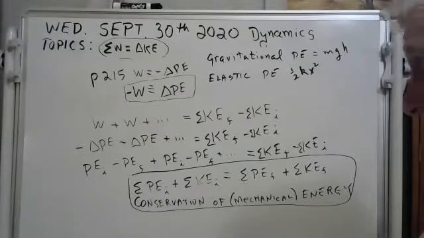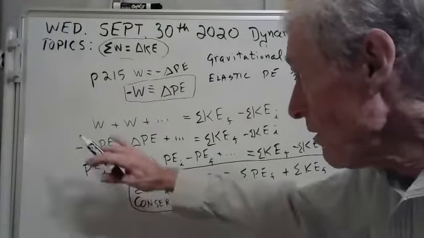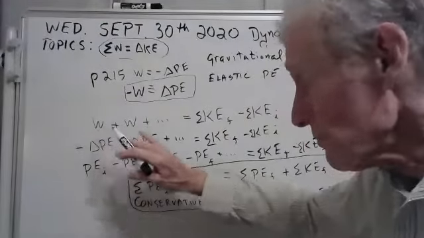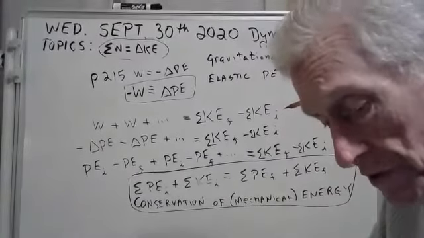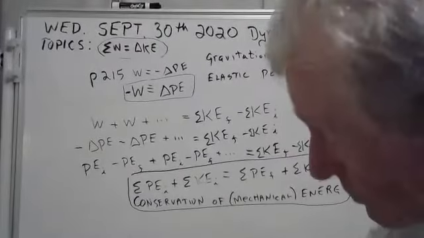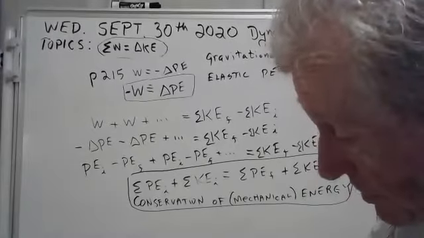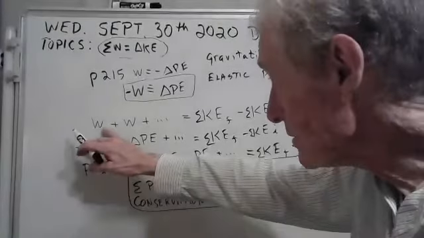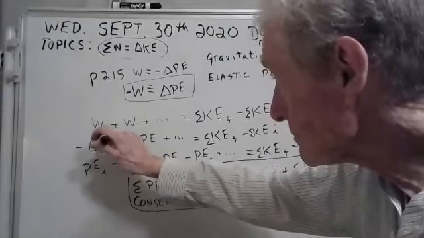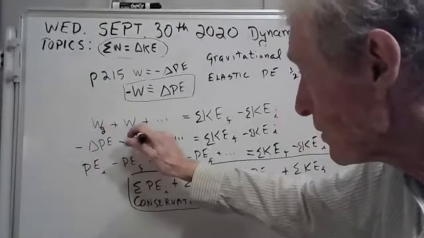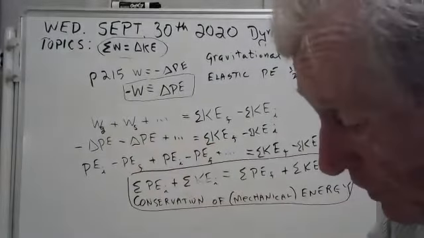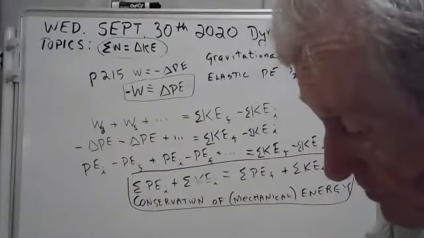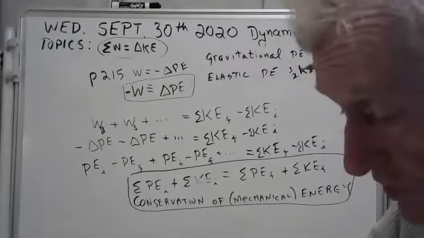Now, there's a warning that goes with this. All of these works done must be done by conservative forces, and there's only two in this class. These have to be done by gravity, you put a little G there, or by a spring. You can have several works done by gravity because you might have several bodies. You can have several springs.